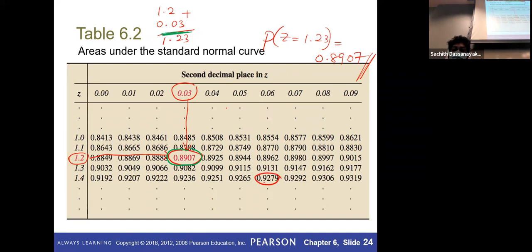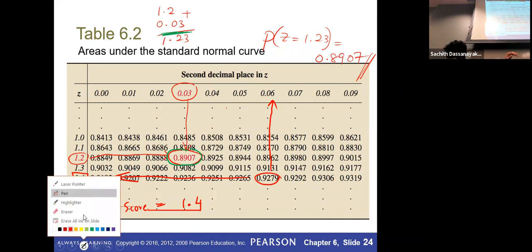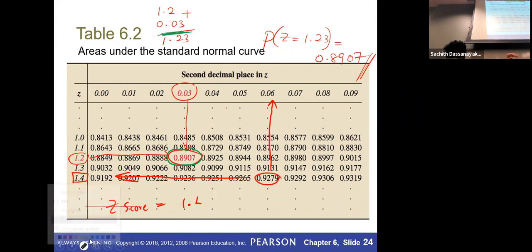Okay, so once you find the particular area, check what is the exact C value here, and don't forget its column value. So once you find the C value, C score equals 1.4, first 1.4 from your C value column, then plus this column value 0.06.